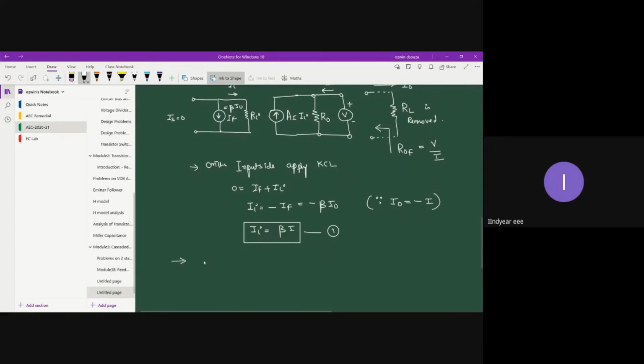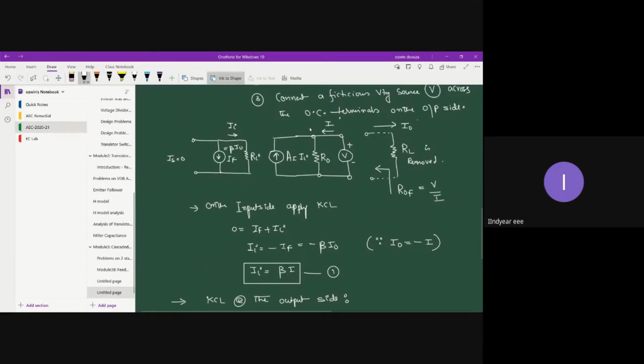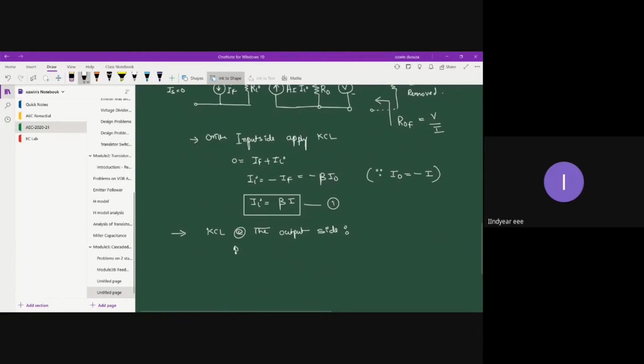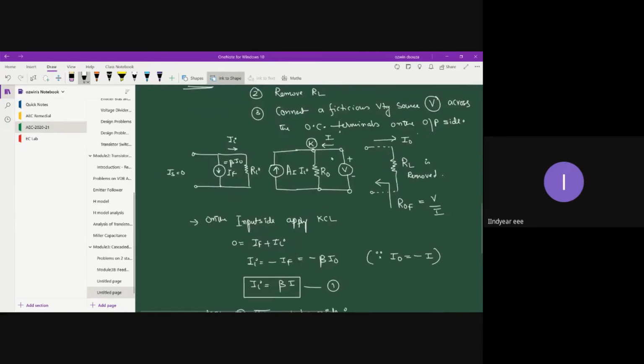Now let us apply KCL at the output side. So we have actually three currents. Let's say this is our node K. At node K, let us apply KCL. Let me take this as IX.